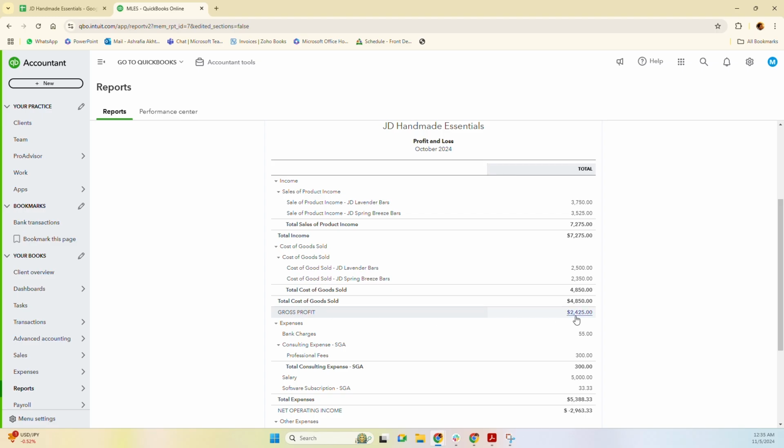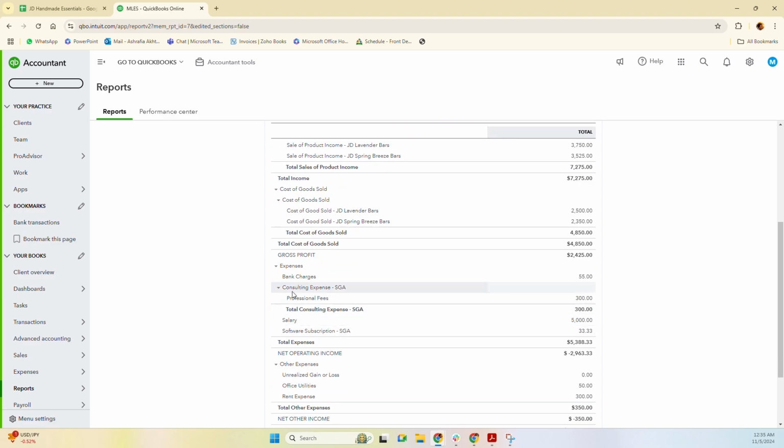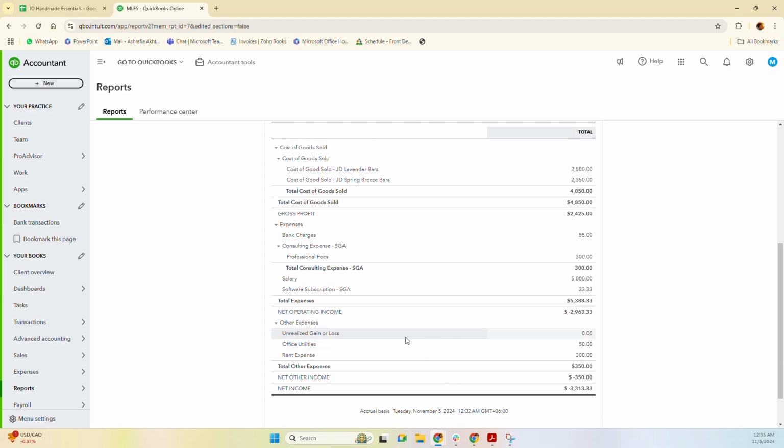After that, we derive our gross profit. We have our bank charges 55. We have professional fees, which is bookkeeping fees, 300. Salary 5,000. Software subscription expense, which is the QuickBooks fee for October, 33.33, and office utilities 50.